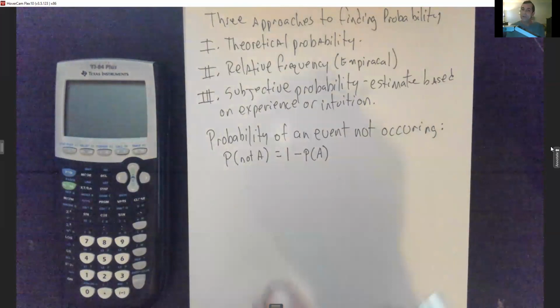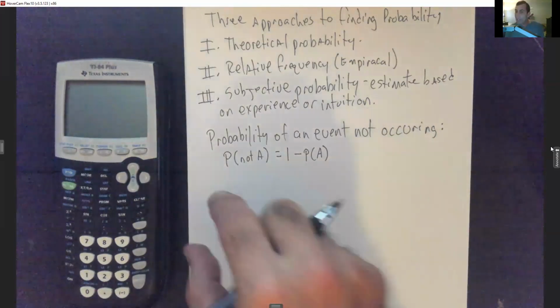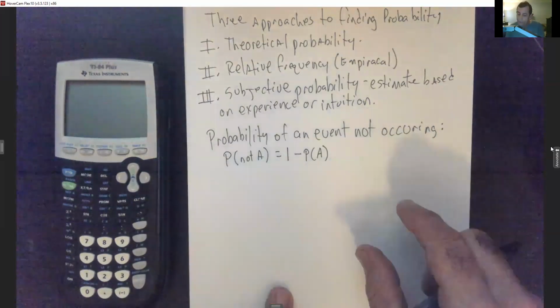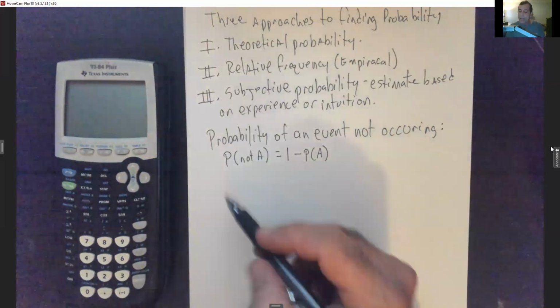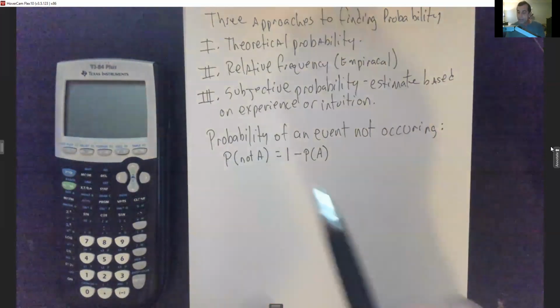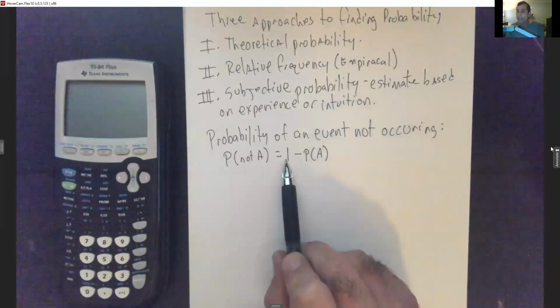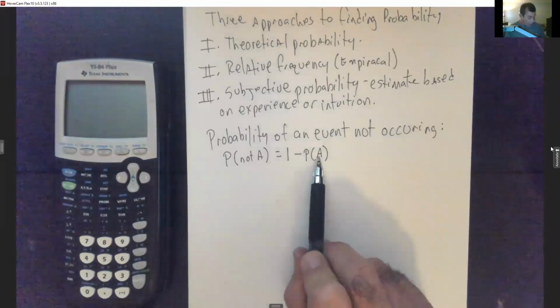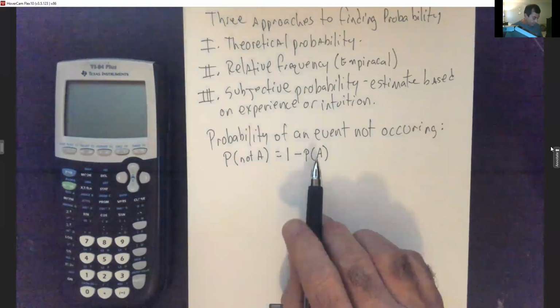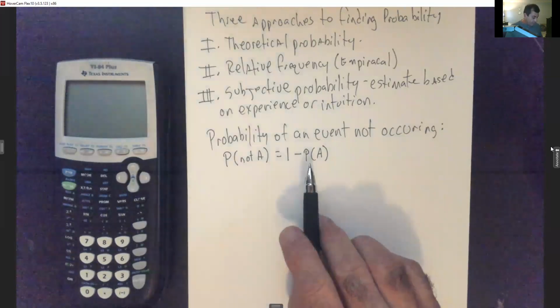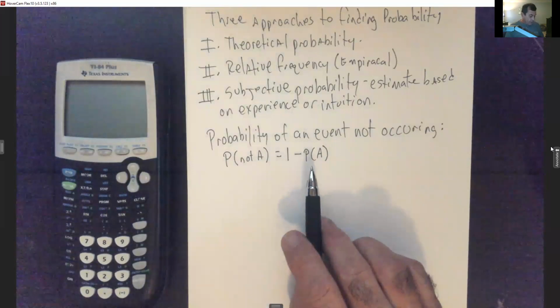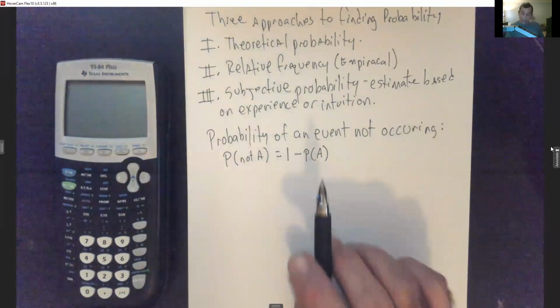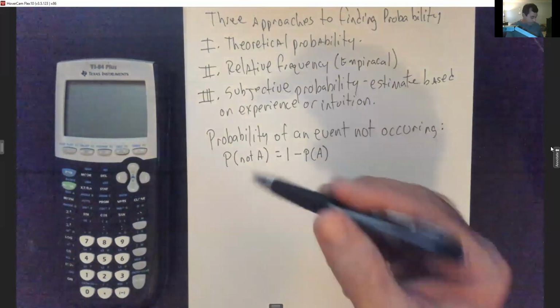I would get either 2 heads or 2 tails. So that's what this is talking about. The event not occurring is going to be 1 minus the probability of the event actually occurring, okay? So I'm going to show you an example doing that in a little bit.